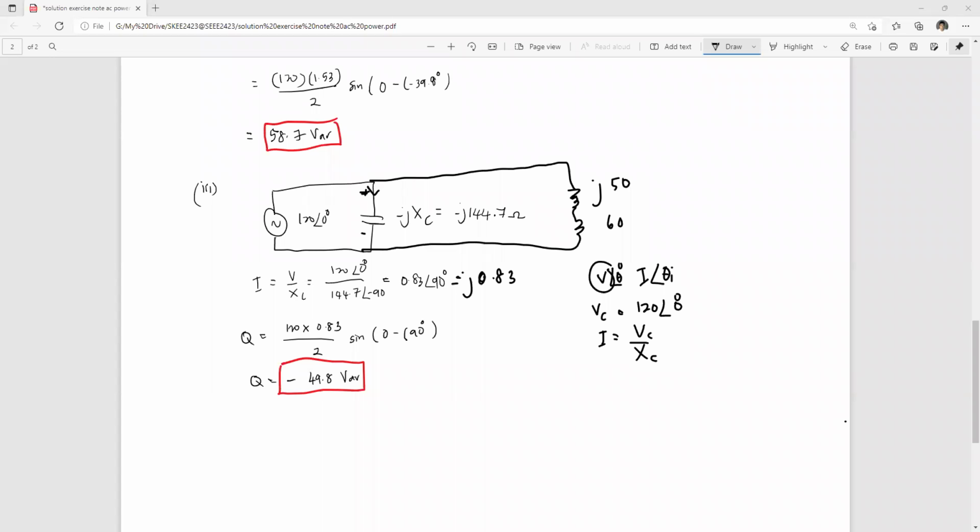Now let's look at the last example of this topic, example 4. An inductive AC load draws 13.4 amperes of current at a voltage of 208 volts. The phase shift between the line voltage and line current is measured with an oscilloscope and determined to be 23 degrees.